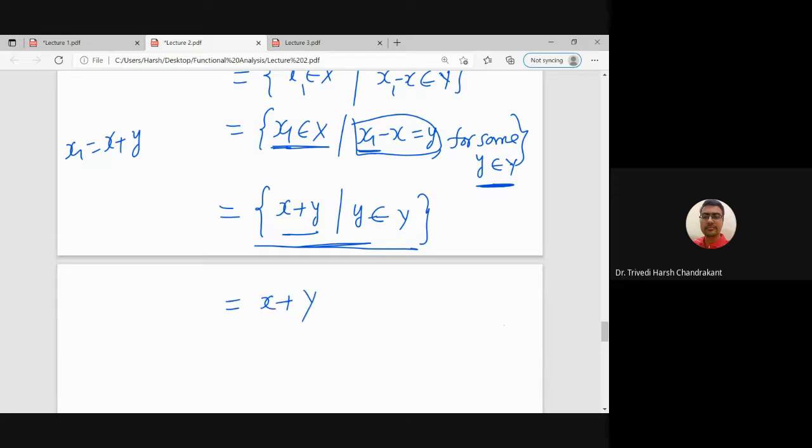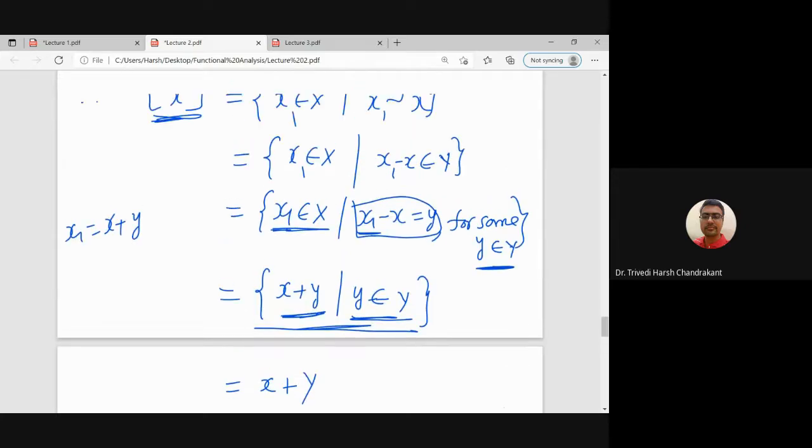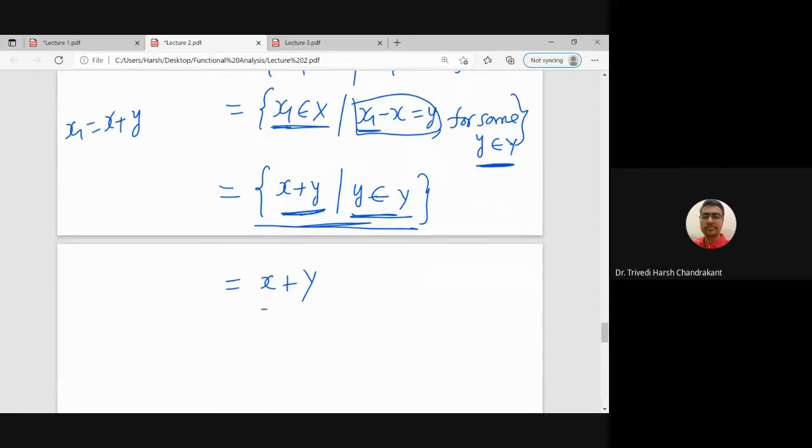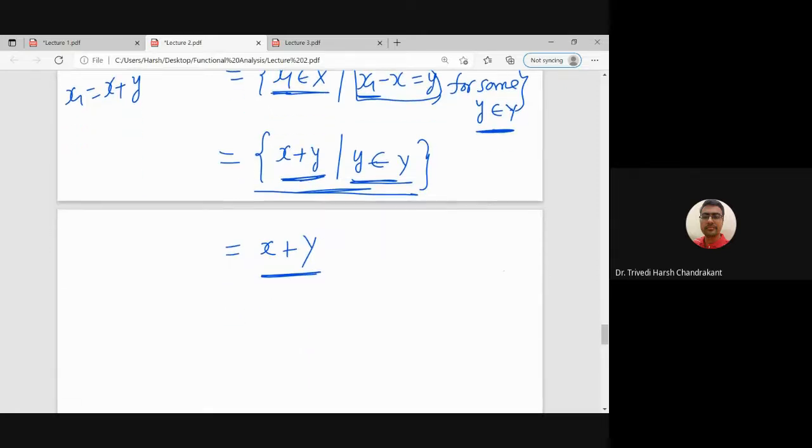So what is x plus capital Y? That is the set of all elements x plus small y, where small y is an element of capital Y. Right. So all equivalence classes in this case are these sets. So this is basically notation.